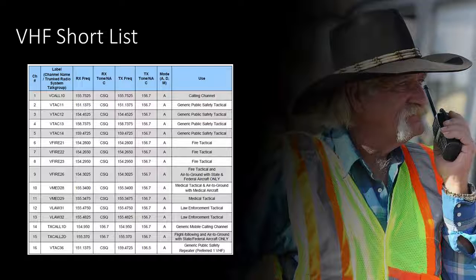The TSICP identifies short lists that can be programmed as a single zone within a 16-channel limitation. The short list includes the recommended channels that should be programmed at a minimum in every public safety radio.